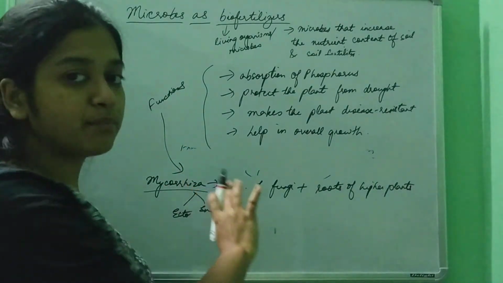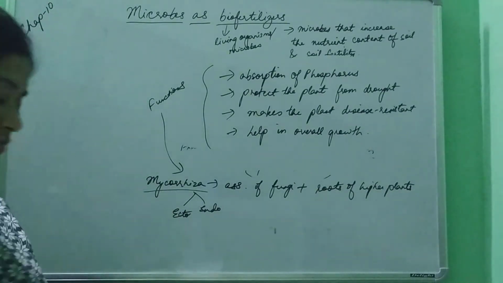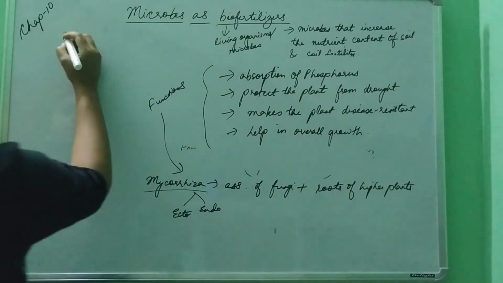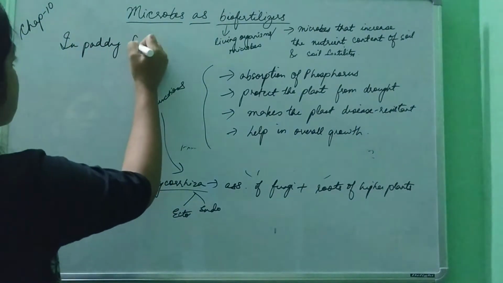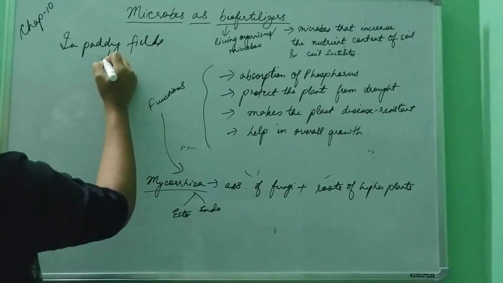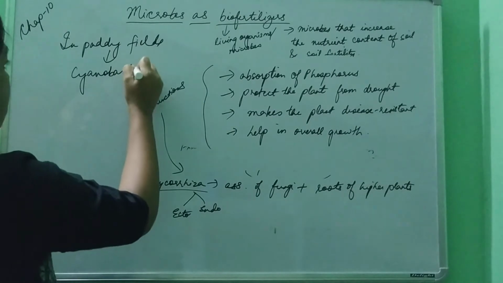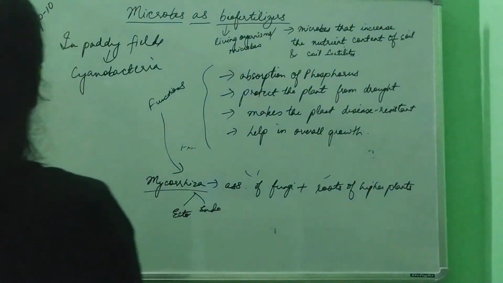So this is an example. Next again, in paddy fields. In paddy fields, what do we find? We find cyanobacteria. Okay, this also you have heard before, cyanobacteria or blue-green algae.